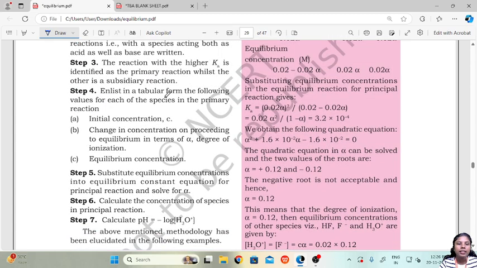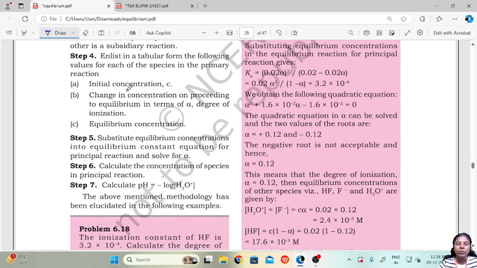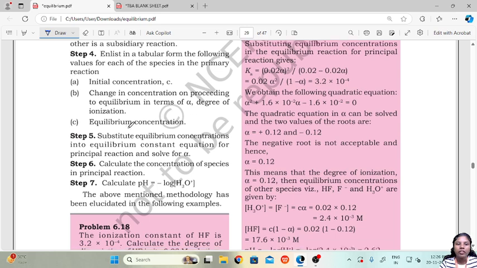Now enlist in tabular form the following values for each of the species in the primary reaction. We draw up a table and note down all the concentrations. First is the initial concentration, that is, before the reaction occurred. Then we note down the change in concentrations on proceeding to equilibrium in terms of alpha, the degree of ionization.